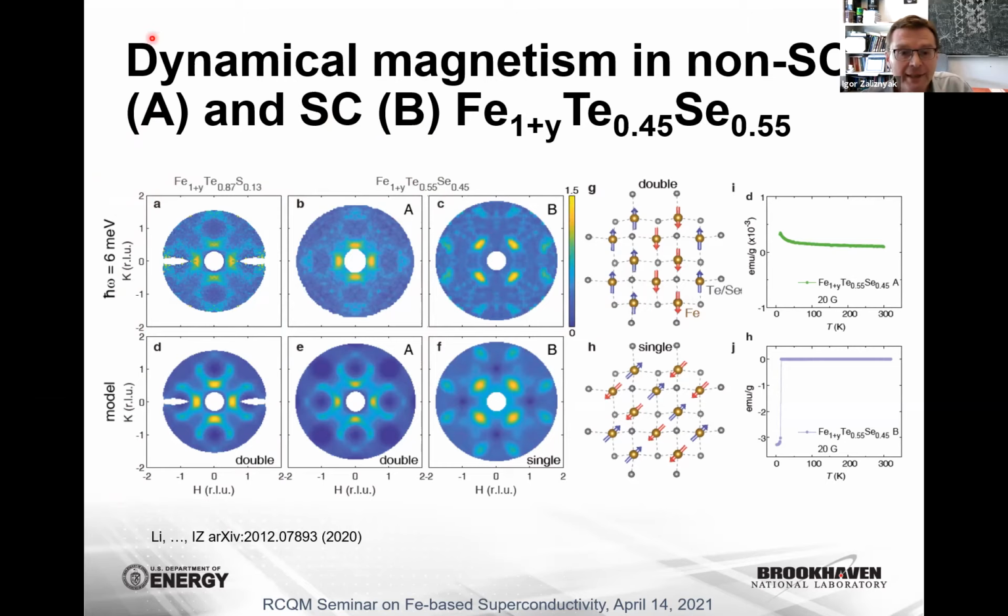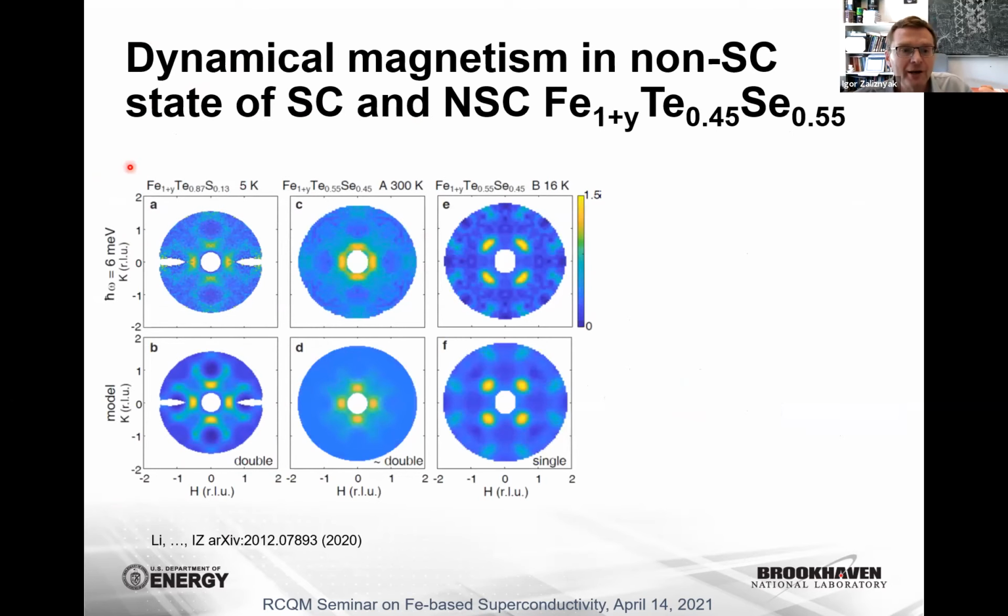All right, and in order to confirm that, we measured the non-superconducting sample at high temperature, 300 Kelvin, and the scattering is essentially the same. And we measured the superconducting sample at a temperature above the superconducting transition, and the scattering pattern is also the same as below.